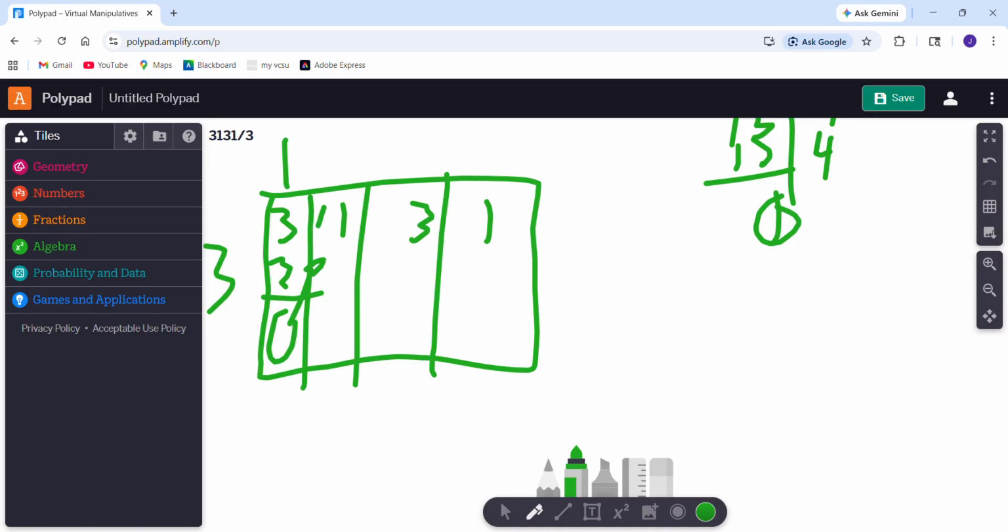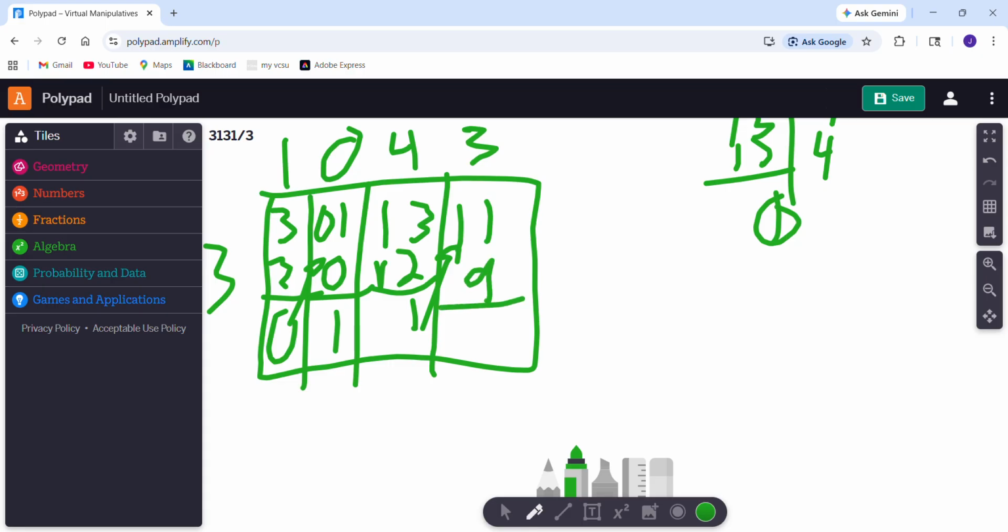Bring that up. 3 goes into 1 0 times. 1 minus 0 is 1. Bring that 1 up to 13. 3 goes into 13 4 times. 3 times 4 is 12. 13 minus 12 is 1. That 1 gets brought up to there. 3 goes into 11 3 times for a total of 9. 11 minus 9 is 2. That's your remainder. Your answer is 1,043, remainder 2.